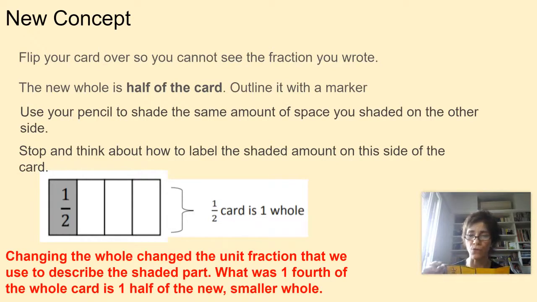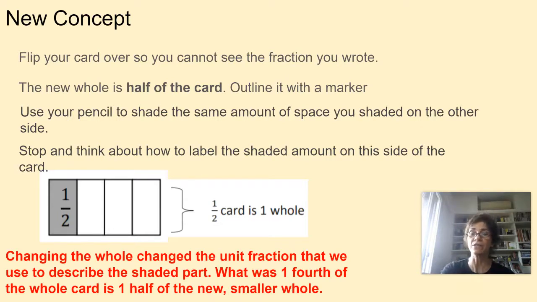What was 1/4 of the whole card, this part here, is now half of the new smaller whole. Before, the whole card was the whole, and this was 1/4 of the whole. Now my whole is half of the card. It was 1/4, and now the same part is half because the whole is different.